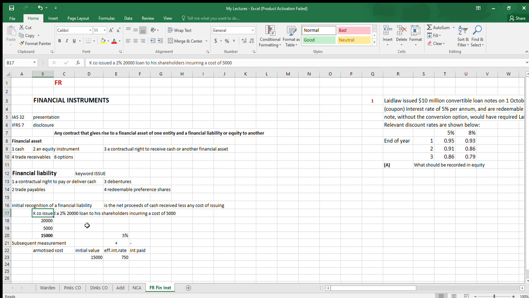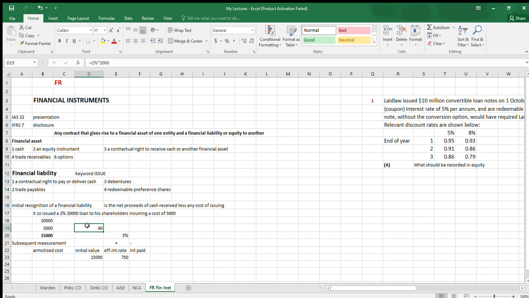So the percentage before the total amount of the financial instrument they issued is the interest paid. So 2% 20,000 loan note means that the interest paid is 2% multiplying the 20,000. So the interest you are going to pay is 40.